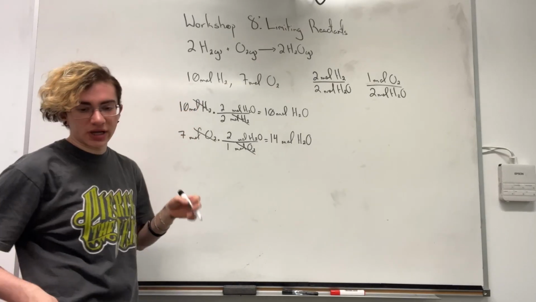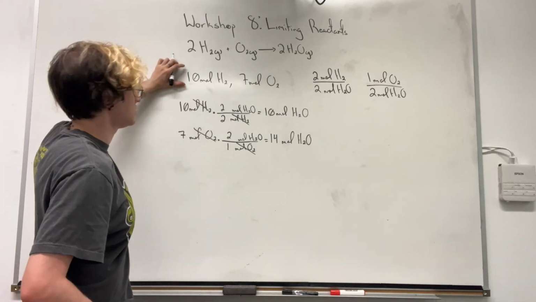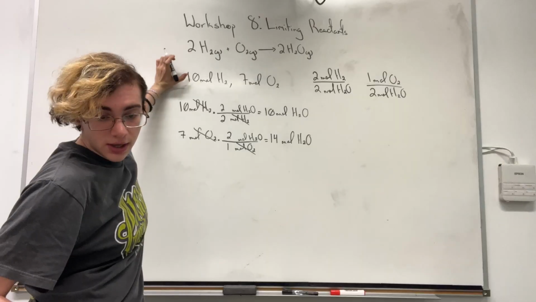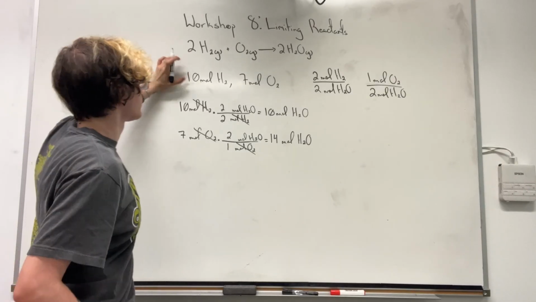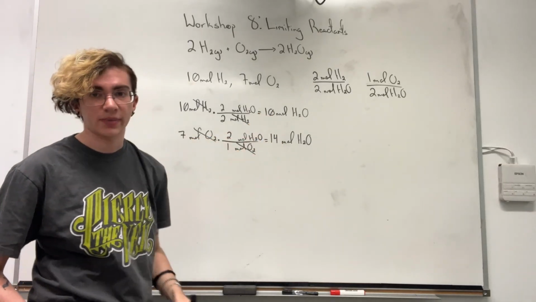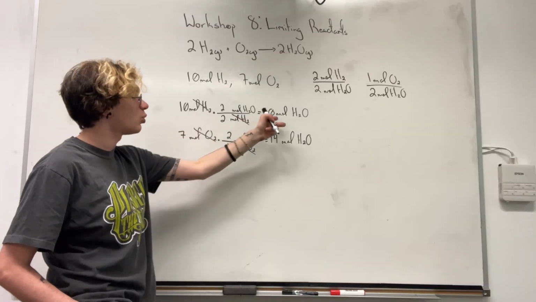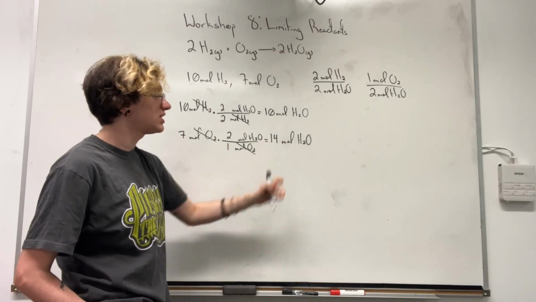And so your limiting reagent is not determined by how much you start with necessarily, because you can see here we're starting with more hydrogen than we are oxygen, but it matters how much product it can actually make. The amount of hydrogen we're starting with can only make 10 moles of water, while this amount of oxygen can make 14 moles.